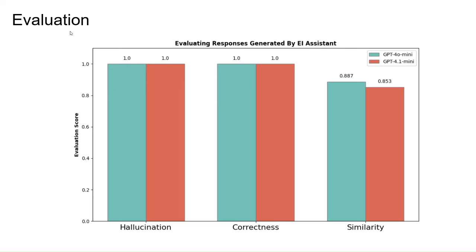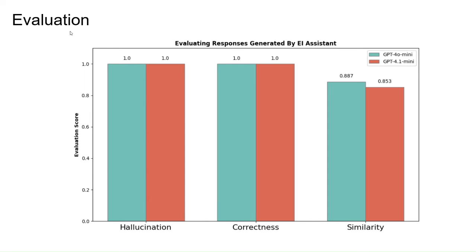I have also performed an evaluation of the responses generated by my EI assistant. I have created a dataset of 15 representative sample questions, each paired with its desired response. I have evaluated my assistant's responses according to hallucination, correctness, and semantic similarity.